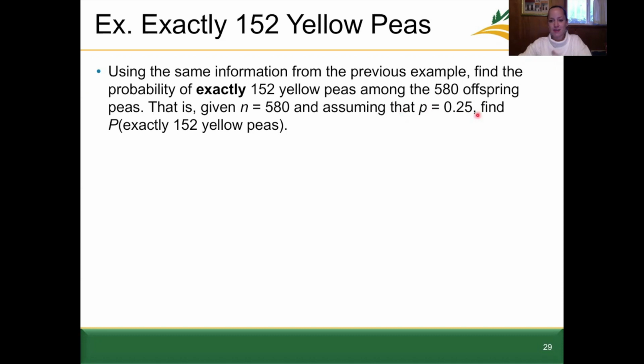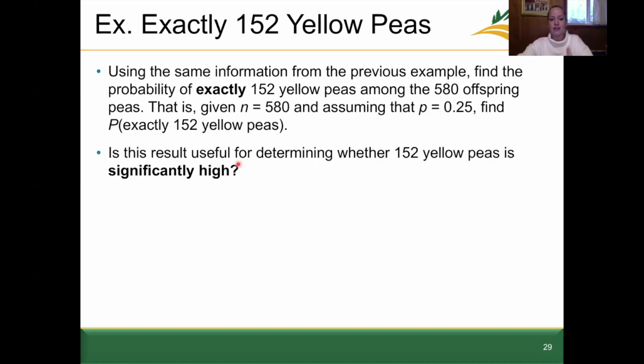Now, instead of what we did previously, we're going to find the probability of exactly 152 yellow peas. From there, we want to answer: is the result from this calculation useful for determining whether 152 yellow peas is significantly high?